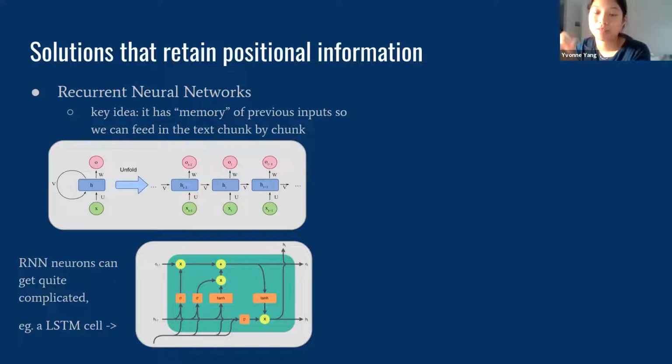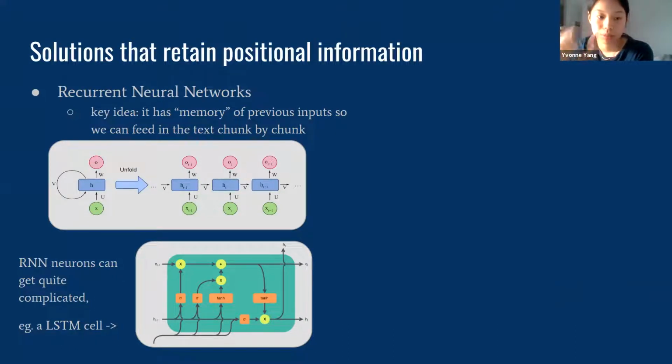So if you're feeding the words one by one, for example, you feed word 1 and the output is a function on word 1, and now you're feeding word 2, and your output will be a function on word 1 and word 2. In this way, it's able to have some kind of memory of where the words are in the sequence. And at the end, when it produces the output, it's taking into account all of the previous inputs. That's how they handle the positional information.